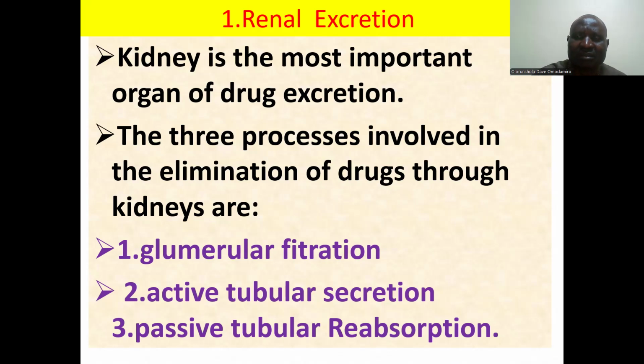Majority of the drugs are excreted through the kidney, and this renal excretion involves some processes. About three processes are involved in the elimination of the drug through the kidney.